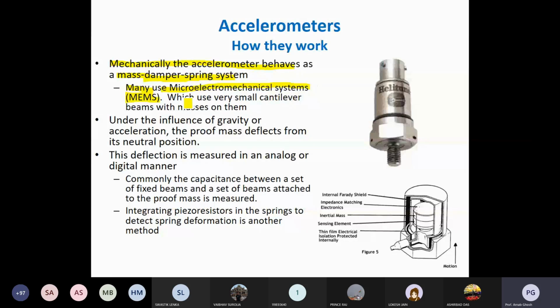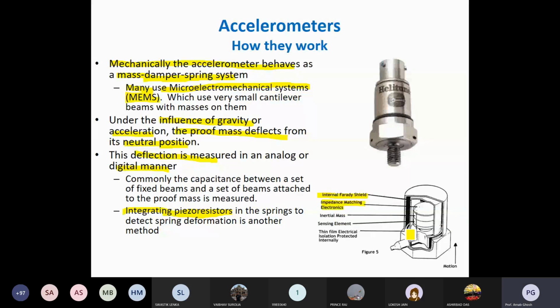The integrated piezoresistors are all connected to that. There is also an internal Faraday shield to keep the system unaffected by external interference. So there are different schemes of electrical isolation and protection.